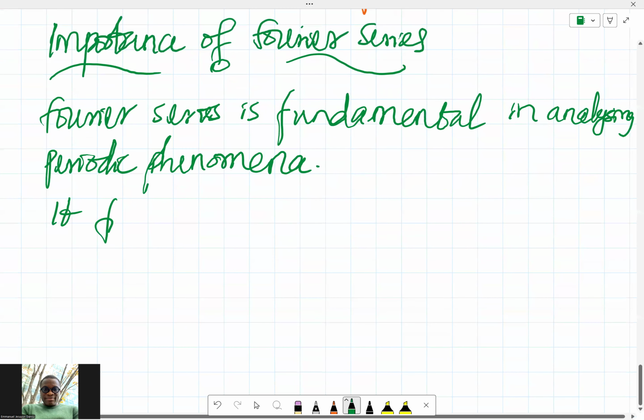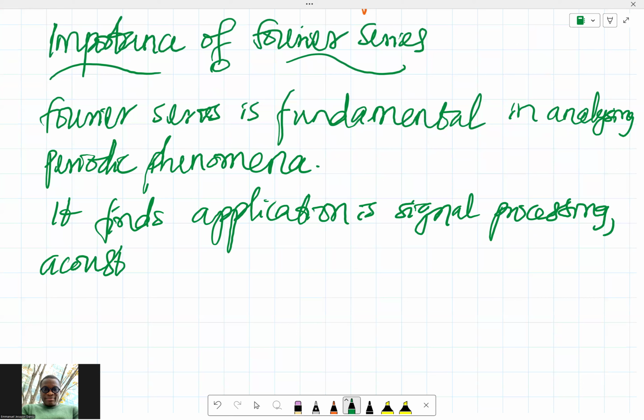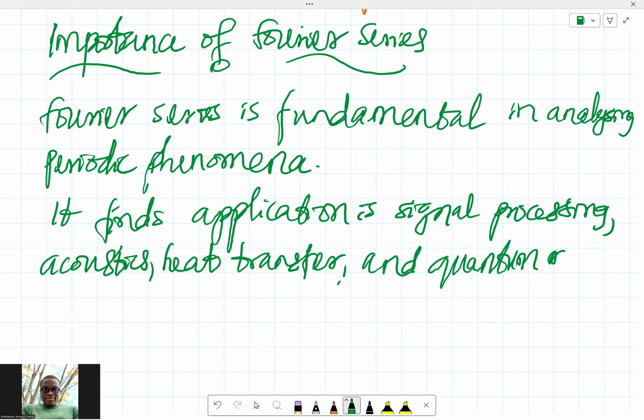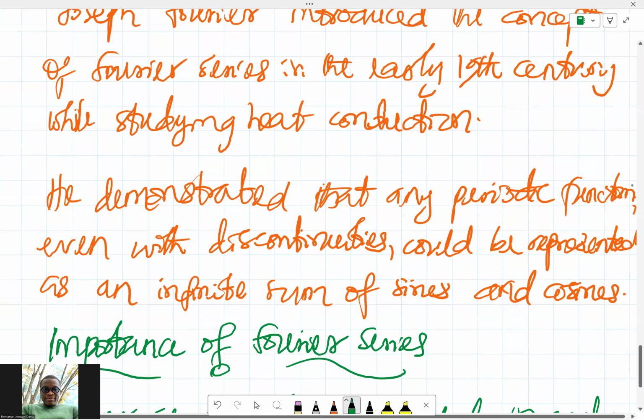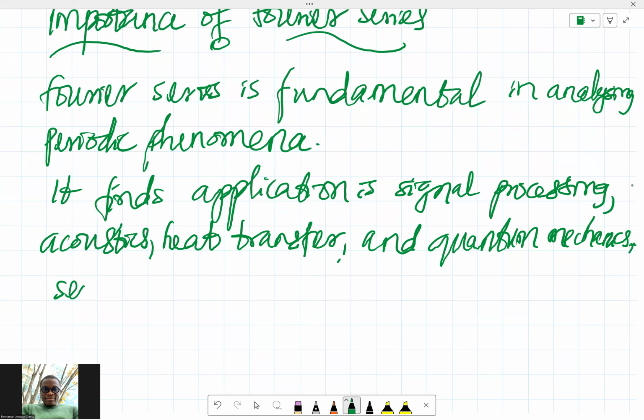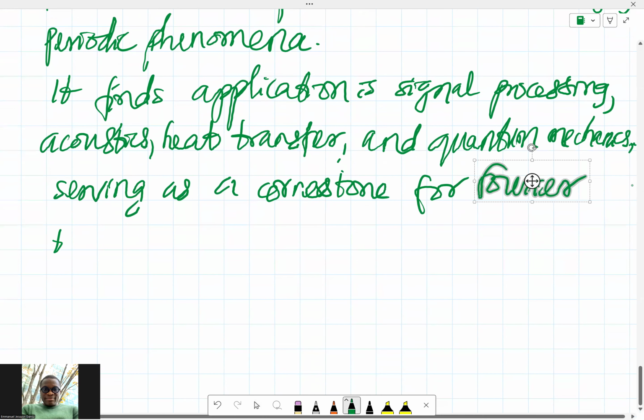It finds applications in signal processing, acoustics, heat transfer, and quantum mechanics, serving as a cornerstone for Fourier transforms and modern harmonic analysis.